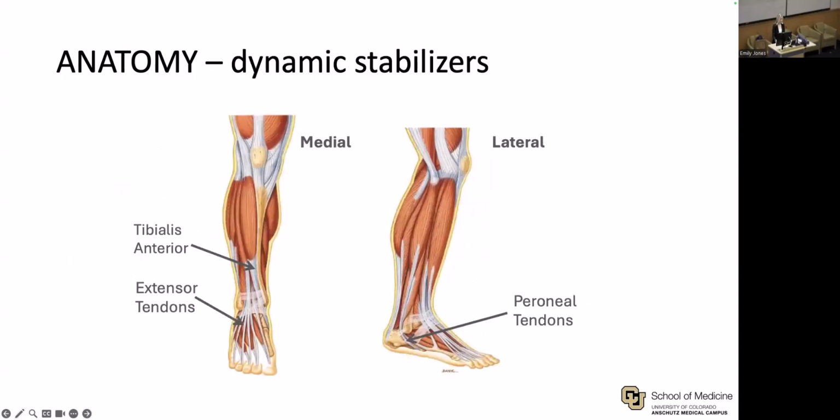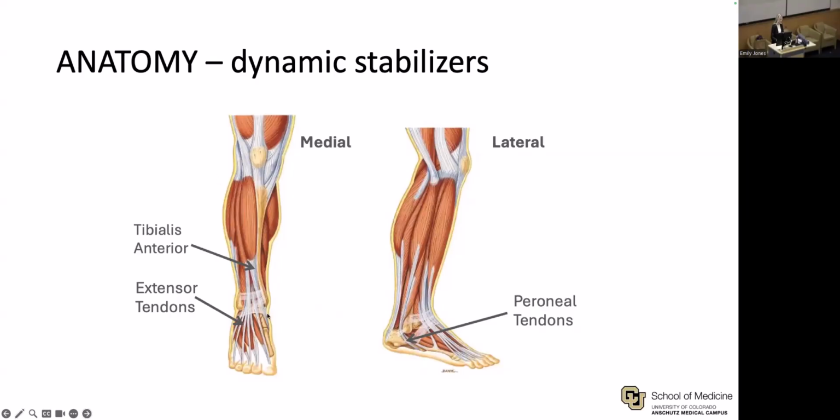Okay, so then moving on to the anterior and lateral aspect of the foot and ankle, we have some more dynamic stabilizers of the foot and ankle. On the lateral side, here, we have the peroneal tendons. So those kind of course just behind the lateral malleolus.